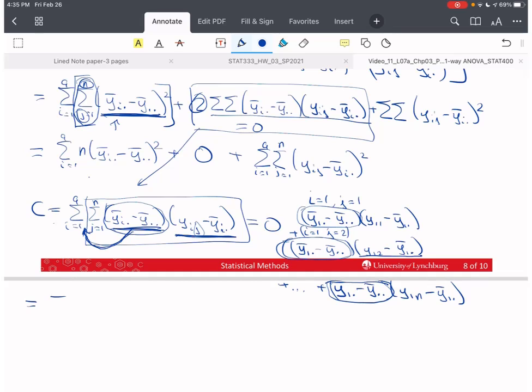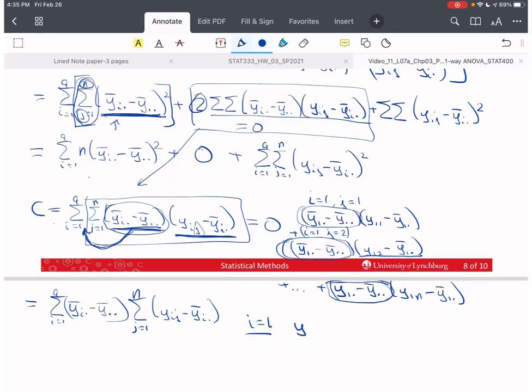So this can be rewritten: the sum of i equals 1 to a of (yi dot bar minus y dot bar) times the sum of (yij minus yi dot bar), with j going from 1 to n. Now, here, let's say again, i equals 1.